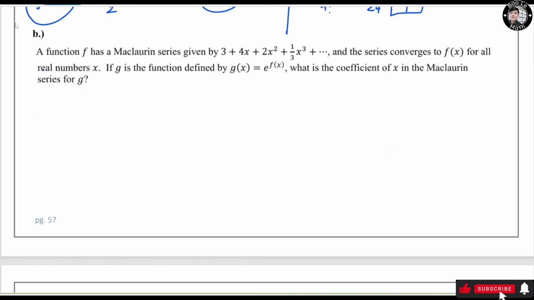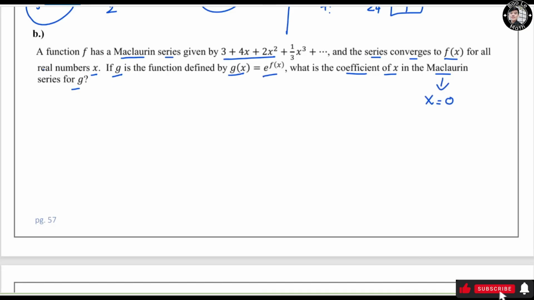Now question B. A function f has a Maclaurin series given by this guy, and the series converges to f(x) for all real numbers x. If g is the function defined by g(x) equals this guy, what is the coefficient of x in the Maclaurin series for g? Alright, so remember, Maclaurin series is centered at x equals 0.